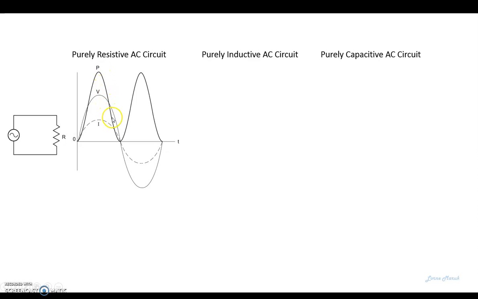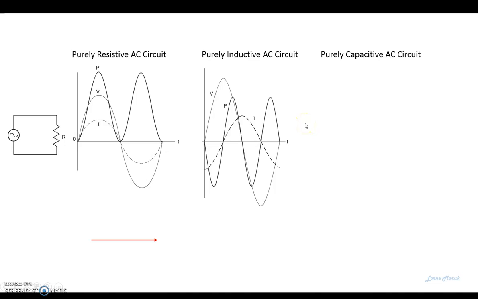And you'll notice as the waveform goes to 0, we have 0 power. And also, when we go negative, we'll have negative current and negative voltage. We still have positive power. We can represent a purely resistive AC circuit as a vector on the 0 axis.